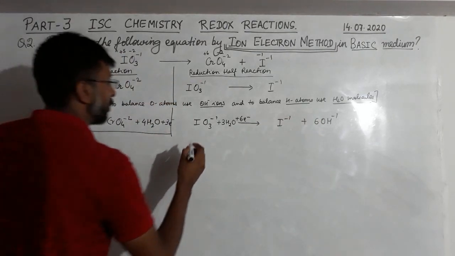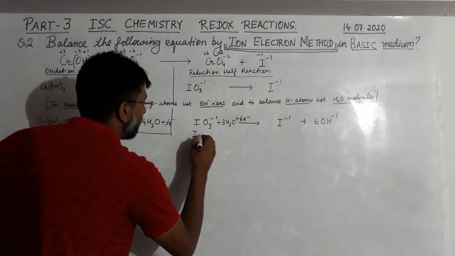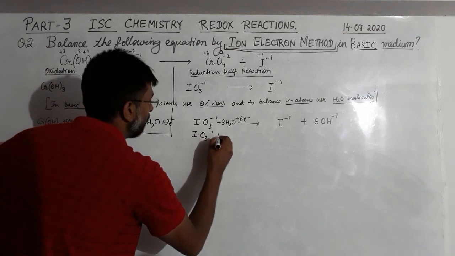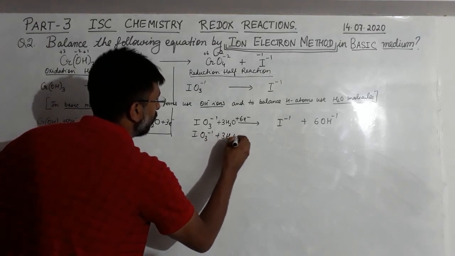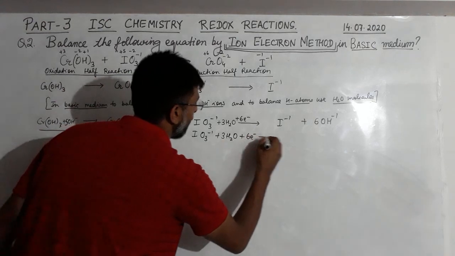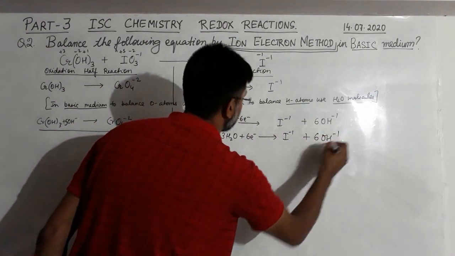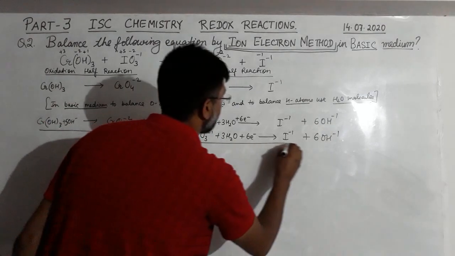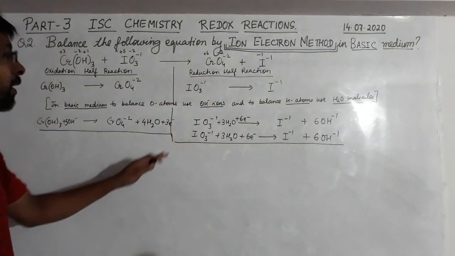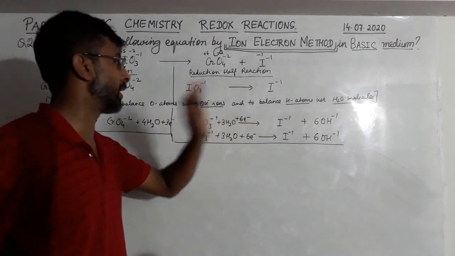So this equation I will write once more to make things clearer: IO3⁻ plus 3H2O plus 6 electrons, arrow, I⁻ plus 6OH⁻. Now this reduction half reaction is also balanced with respect to all the atoms and with respect to the charges.